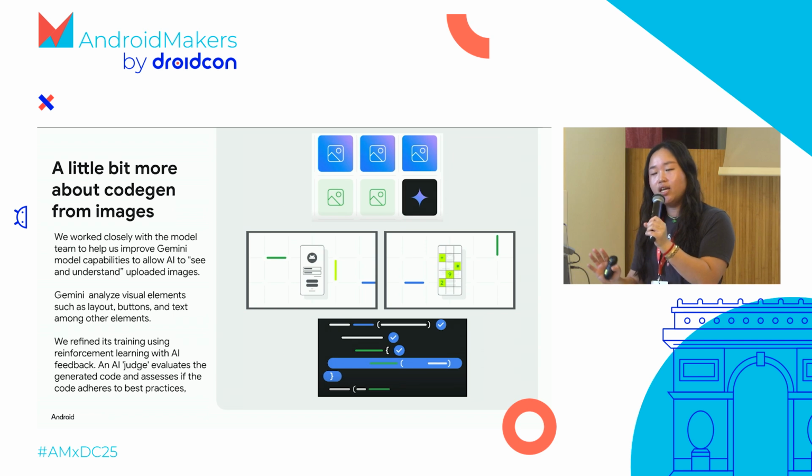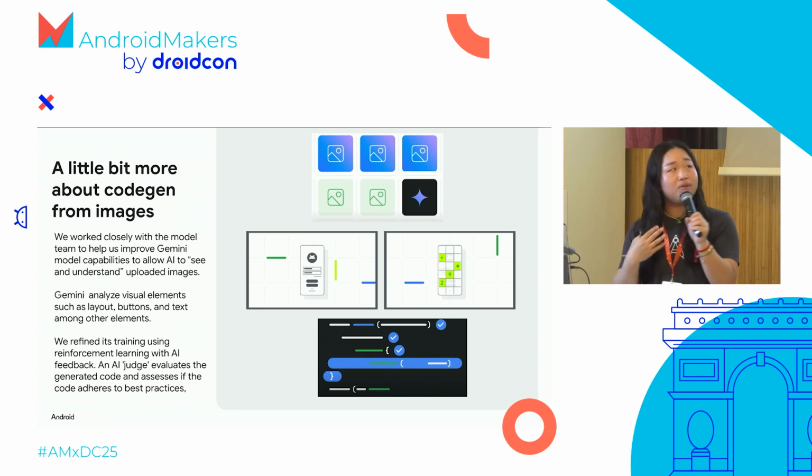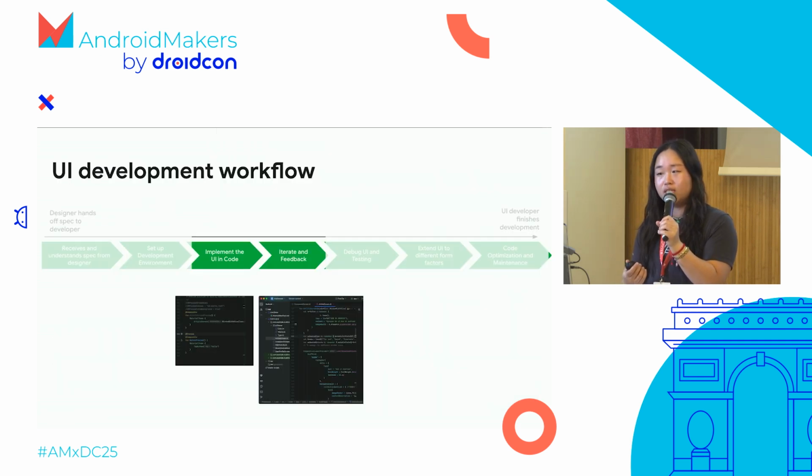On the other side, we want to make sure that the code that's getting generated is actually high quality and follows best practices like accessibility or other concerns. So they've been experimenting with different reinforcement learning to have an AI judge that evaluates the code generated, so this specific task is something that we continue to work towards.